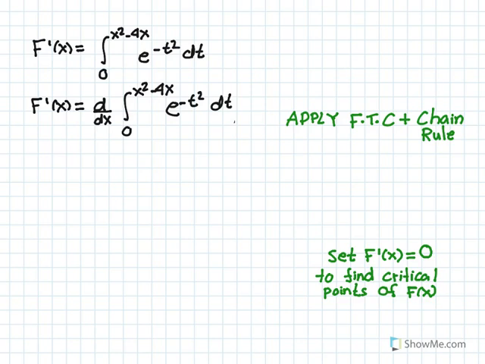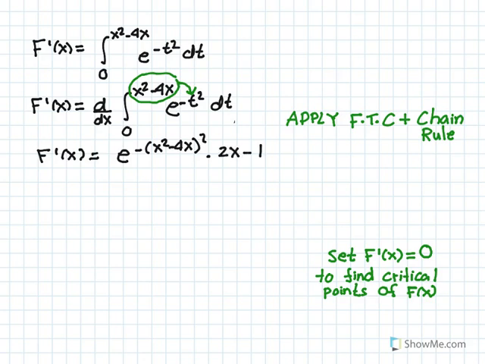Now we apply the FTC plus the chain rule. The derivative cancels the integral, substitute x squared minus 4x in for t, and multiply by the derivative of the upper limit. So that's going to give us e to the minus (x squared minus 4x) all squared, times the derivative of the upper limit, the derivative of x squared minus 4x. That's going to give us 2x minus 4, applying the power rule.